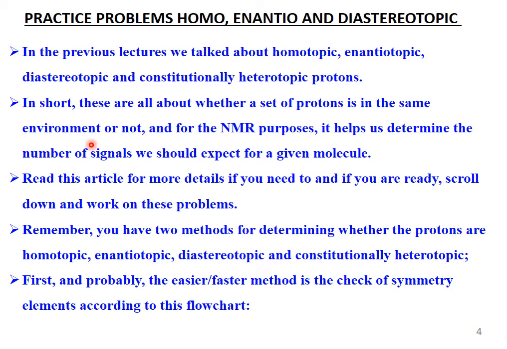Remember, you have two methods for determining whether the protons are homotopic, enantiotopic, diastereotopic or constitutionally heterotopic. The first and probably easier method is checking symmetry elements according to the flow chart, which I have discussed as the symmetry criteria, and then we discussed the addition substitution criteria. On the basis of these two methods, we determine whether the protons are homotopic, enantiotopic, or diastereotopic.